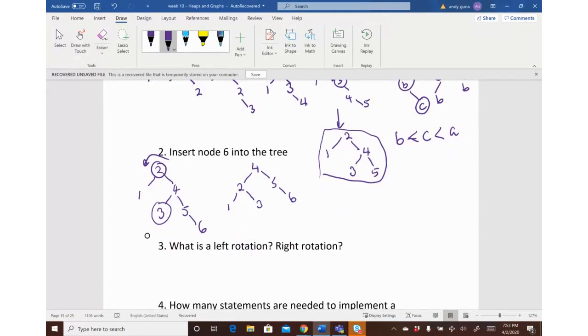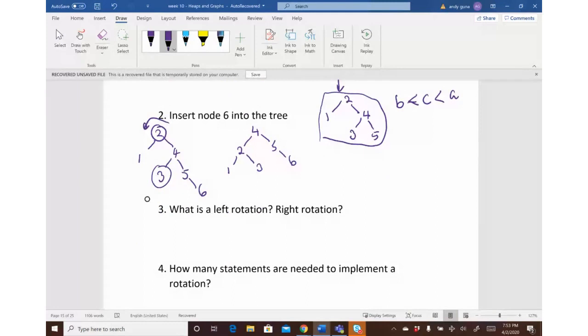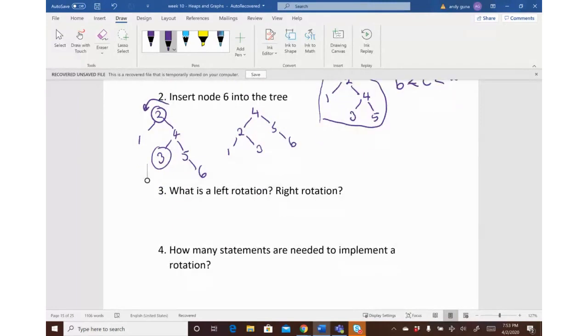So left and right rotations, if you think about the number of statements needed to implement one of these rotations, left rotation and right rotation, we talked about those things. The reason you do a left rotation is that maybe this side is quite large here.